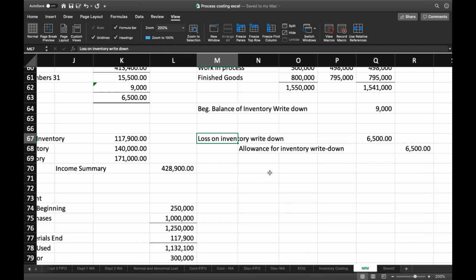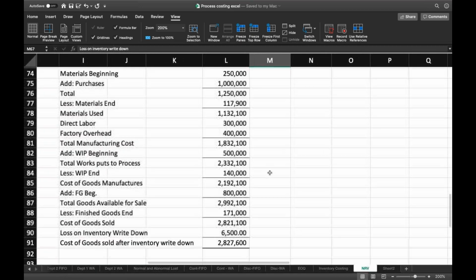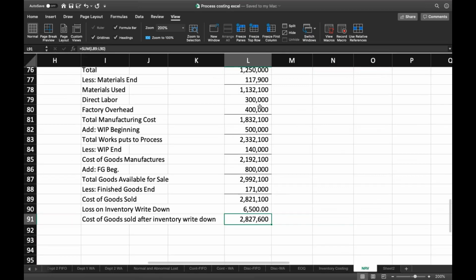Now, the loss on inventory write-down of 6,500 will be added to the cost of goods sold. Okay? To arrive at the cost of goods sold after inventory write-down. Now, the amount used for all the ending inventories here are their original cost.